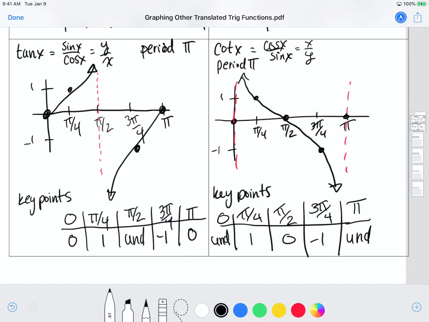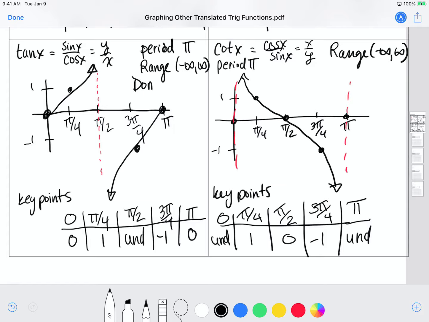For both tangent and cotangent, my range is -infinity to infinity. There's no breaks in the graph vertically. I obtain all the y values. But the domain is going to be all the places except for where we have asymptotes.